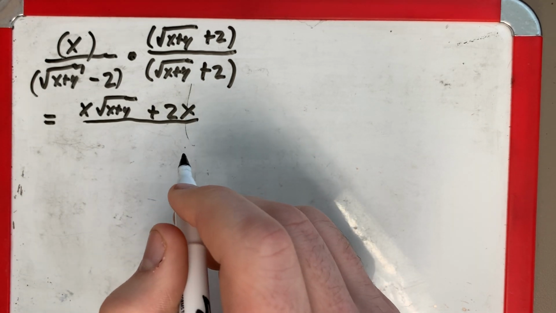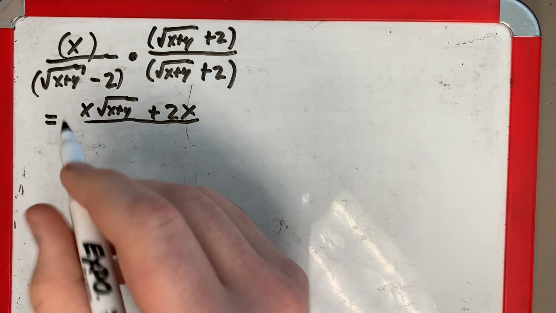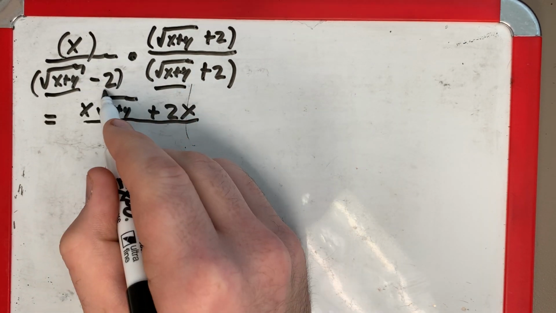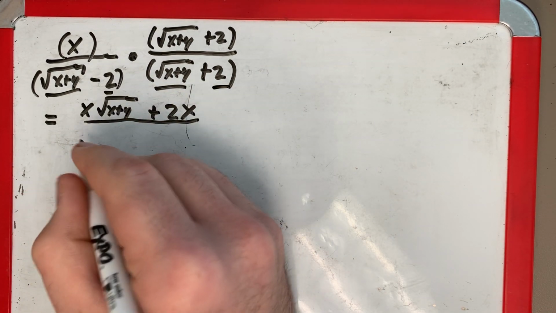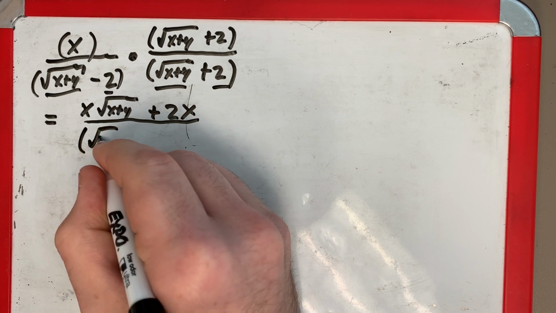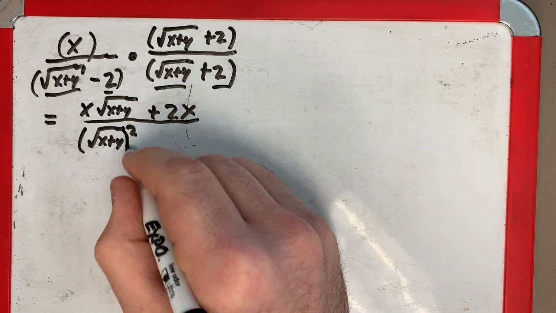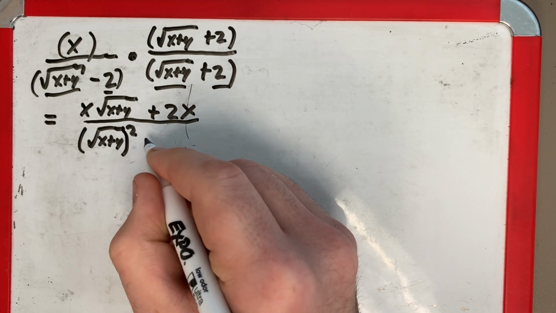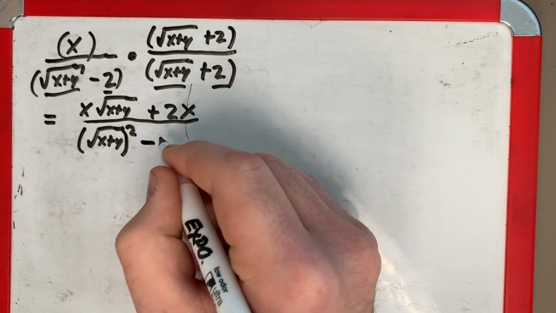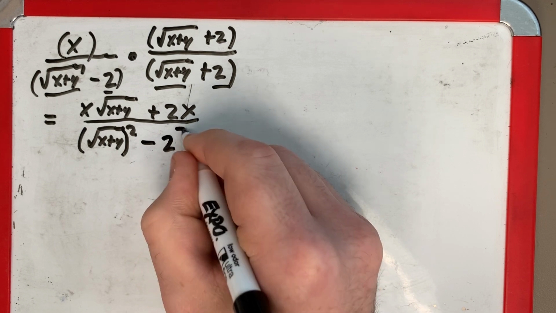Difference of squares. So we know how to handle this sort of thing. It's going to be this times this minus this times this. What does that give me? Square root of x plus y, quantity squared, and then I have a minus 2 squared.